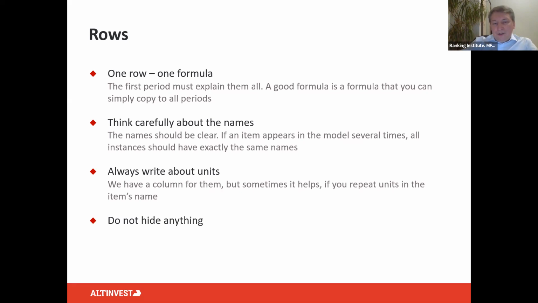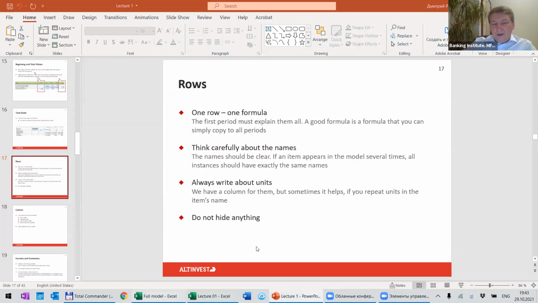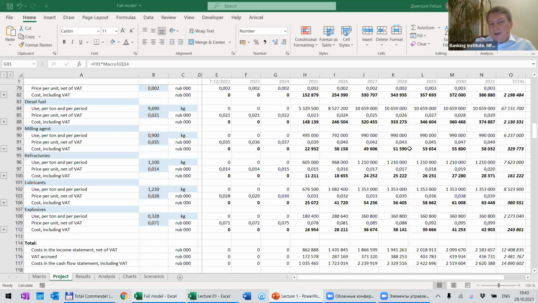You should never do something like this. You should never change the formula somewhere here, because from this year you believe something changed in the principle for this item. You should never do that, because you will never find this change. The other people will never find the change like this.